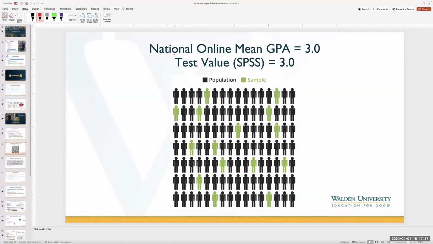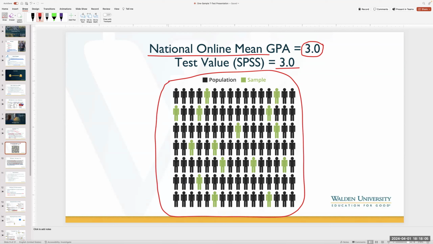We know that of all the online institutions in the US, the Department of Education has that data, and they know the average GPA score is 3.0. But we want to know, how does Walden line up against this 3.0 national average? Now, this is Walden. But we're not going to use all of Walden students. We're going to get a sample from Walden.